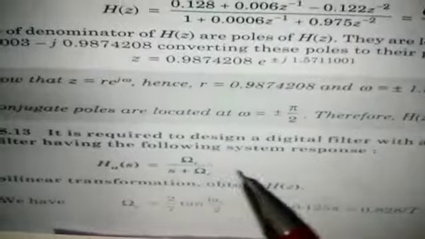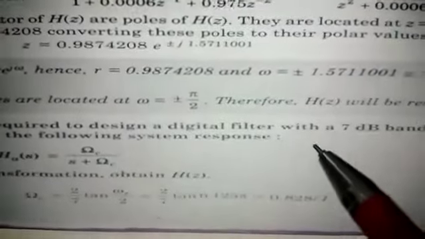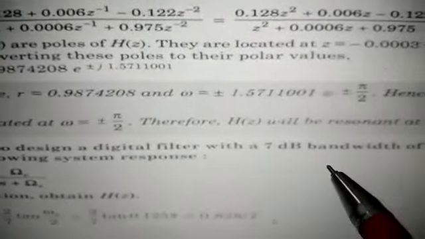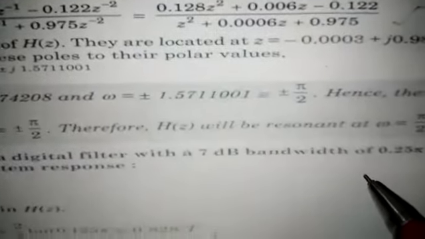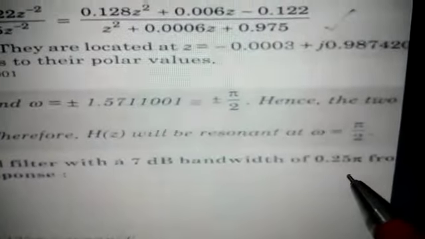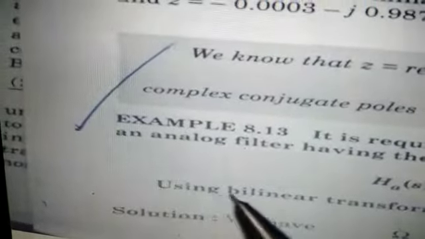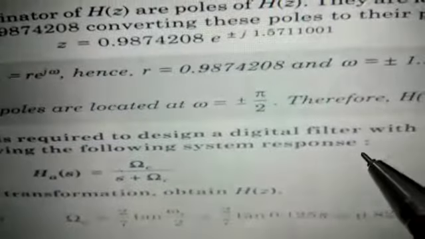This is a very simple and a very small type of design problem. It is required to design a digital filter with a 7 dB bandwidth of 0.25 pi from this analog filter having the following system response.